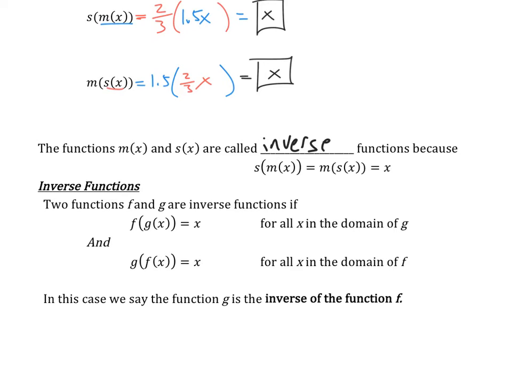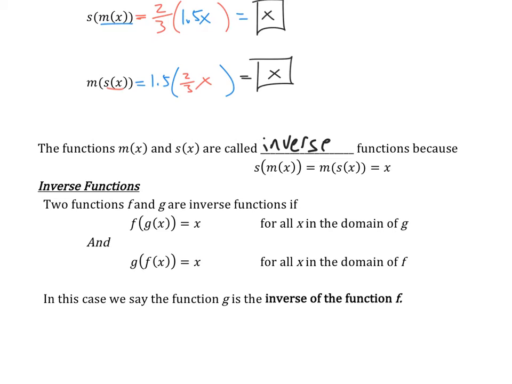They're inverse functions. And the definition of an inverse function is two functions, f and g. They're inverse functions if f composed with g of x gives us x, for all x in the domain of g, and g of f of x gives us x. In other words, if you work out one function and then plug that into this next function, you're just going to get the same number you started with.